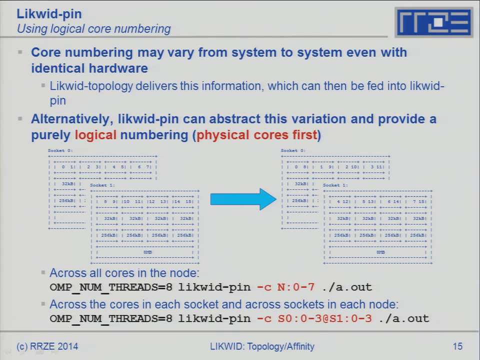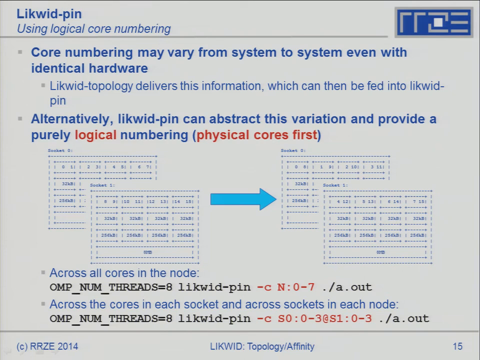But actually, in practice, in many cases, SMT doesn't really do something good for your performance. So many people want to ignore it. So what you want to have in practice is a numbering that's more like this. 0, 1, 2, 3 are the physical cores on the first socket. And 4, 5, 6, 7 are the physical cores on the second socket. So if you say 0 to 7, you mean all the physical cores, and you ignore the virtual cores. And that's the numbering we want to impose in many cases.